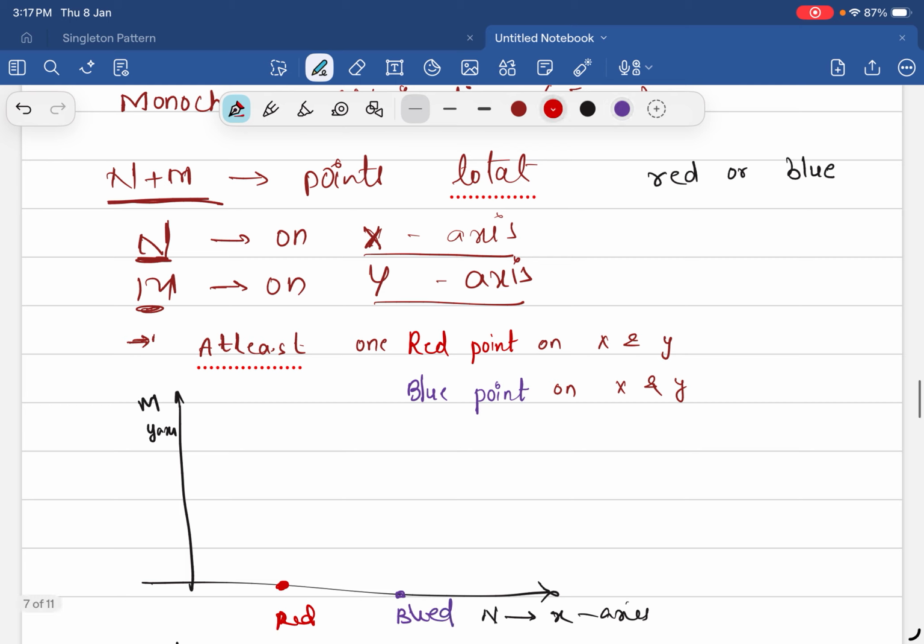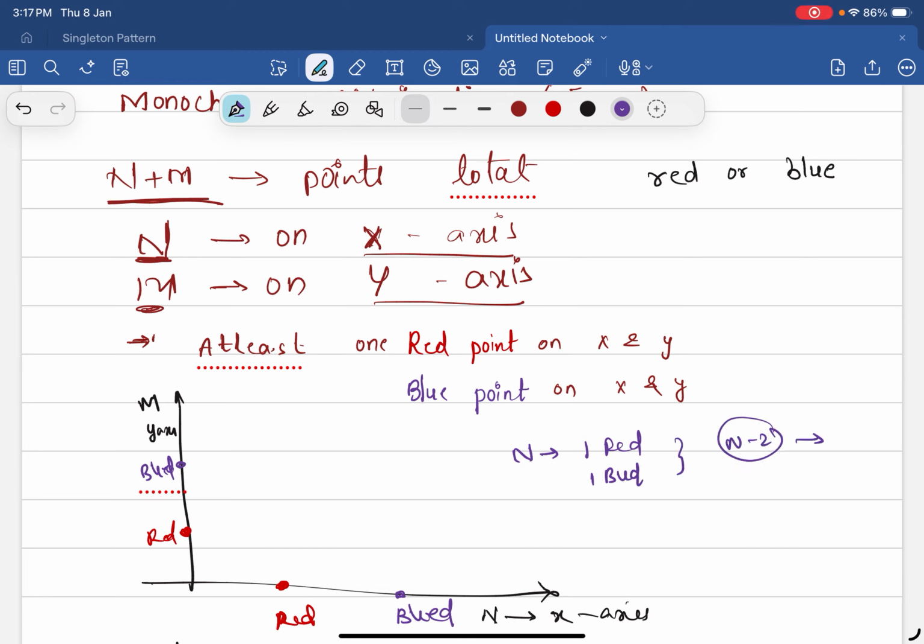In a similar way, one red should be there on the y-axis, one blue should be there on the y-axis. It means from n points, one red, one blue should be there, and the rest n minus 2 can be any color. And from m points, one red, one blue, and the rest m minus 2 can be of any color.